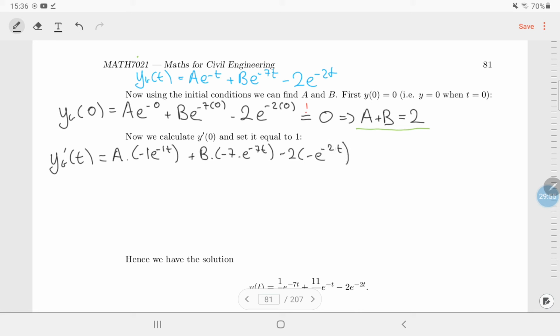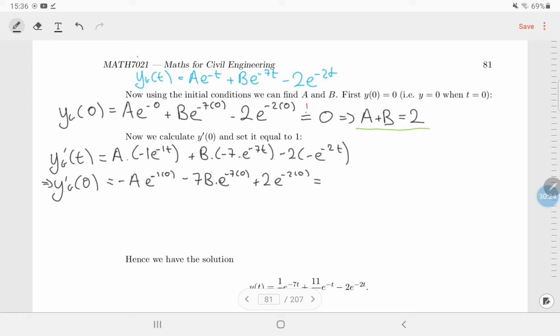Okay, now if I evaluate this at 0, that'll be a times minus 1, which is minus a e to the minus 1 times 0, minus 7 times b e to the minus 7 times 0, and then the minus 2 times the minus 1 is plus 2 e to the minus 2 times 0.